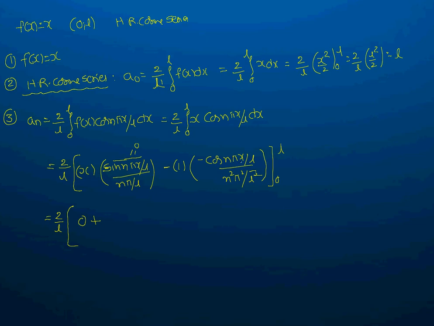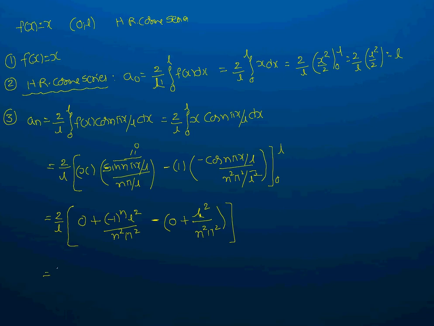If you substitute in place of x, L, cos n pi, cos n pi means minus 1 whole power n by n square pi square, minus, if you substitute 0 in the first term you will get 0, minus into minus plus, cos 0 is 1, therefore you are left with 1 by n square pi square, and L square in the numerator.